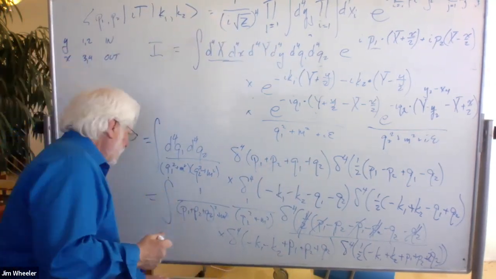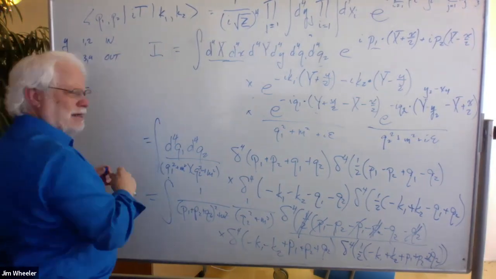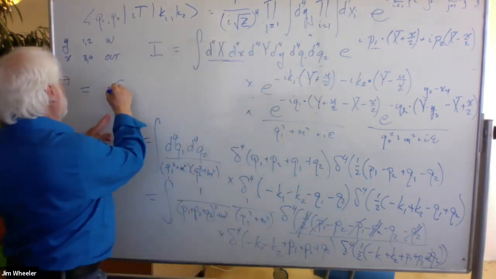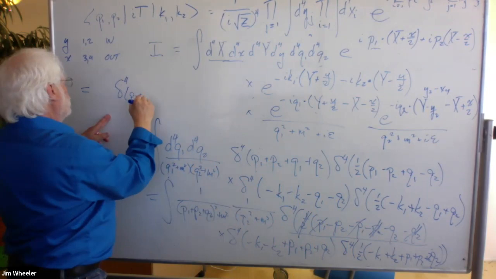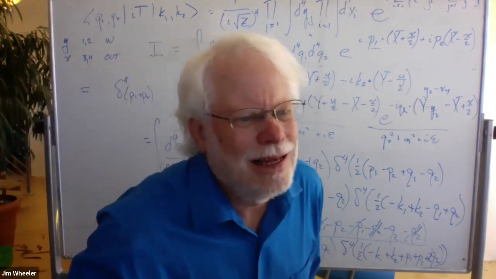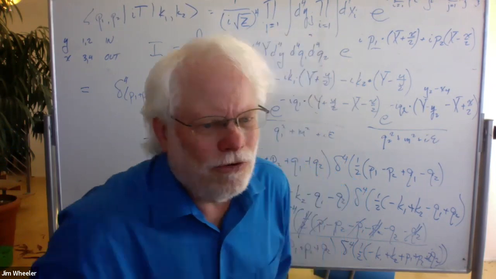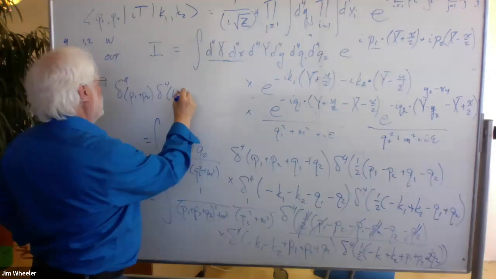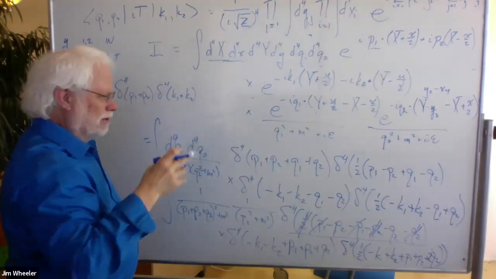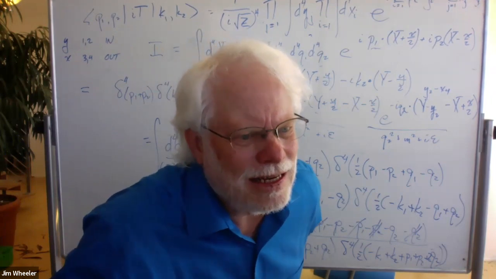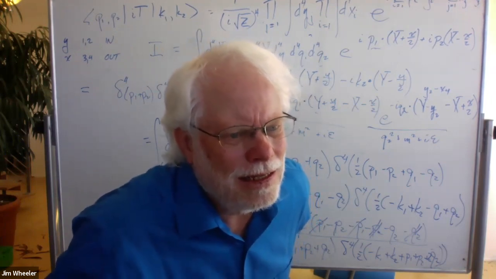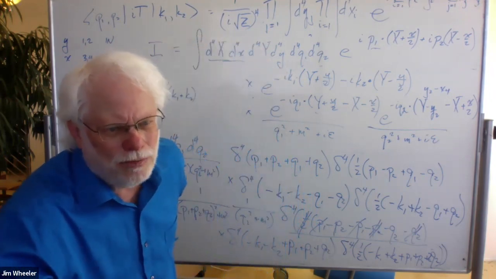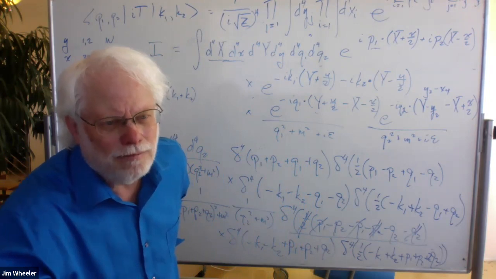But let me jump to the expression in my notes. We have a del 4 of P1 plus P2 and del 4 of K1 plus K2. Right, those are a little odd. Then I've forgotten the 2 pi to the 4th factors from the delta function.